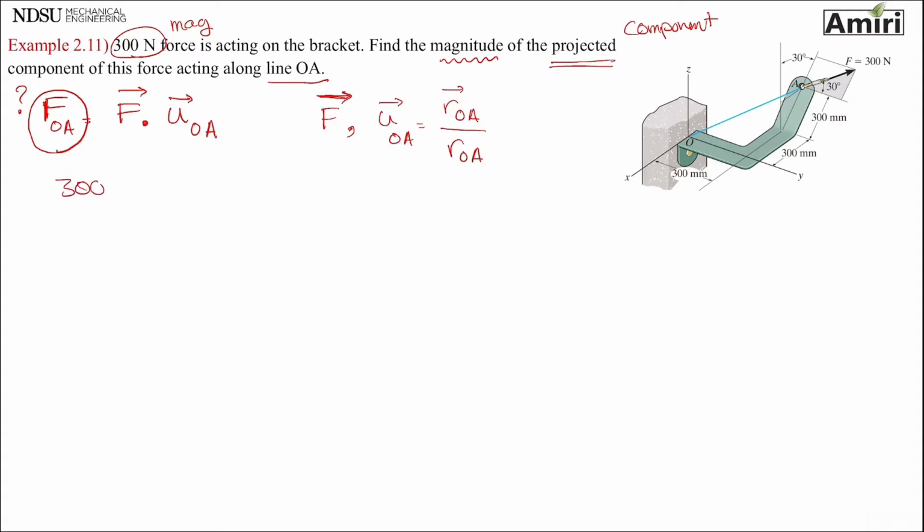So we have 300 newtons. We want to transfer it into a vector. What do we use? Position vector and unit vector. So this is 300 newtons unit vector of AO or OA.